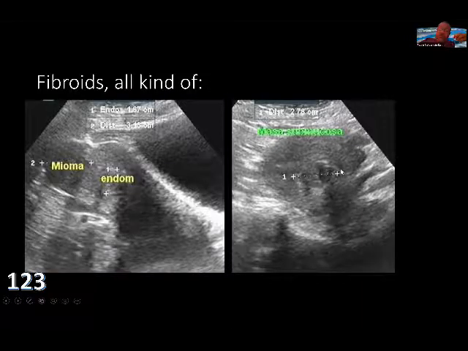Submucous mass, endometrial lining, submucous, hypoechogenic, which means darker than the rest, and on the uterine fundus, another one with a thick endometrium.